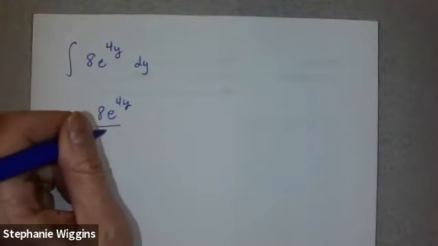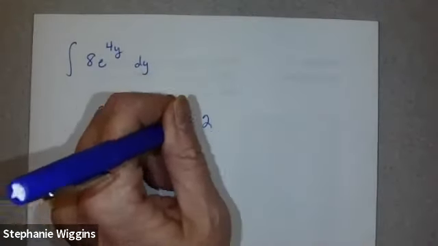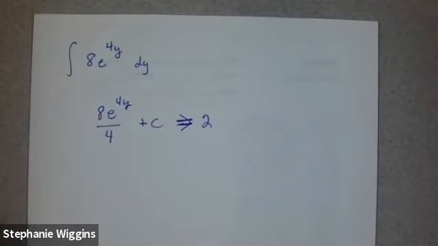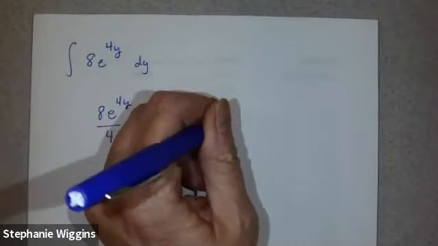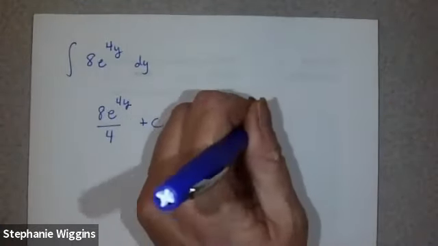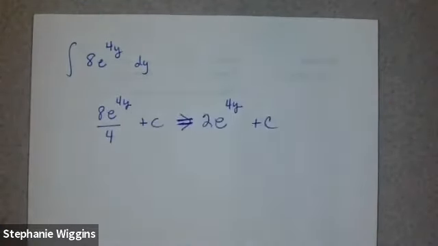But you just divide out by the derivative of your exponent and then add c. So this is going to be, or I should say that should be an equal sign, 2e to the 4y, plus c.